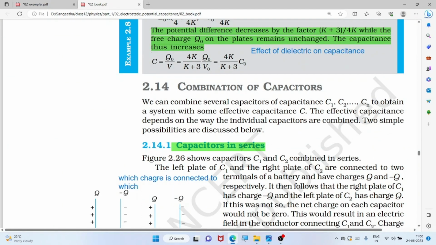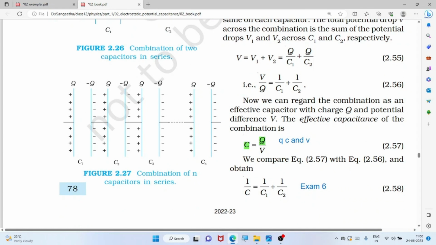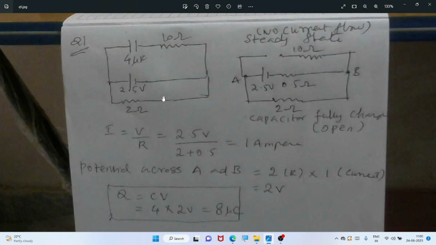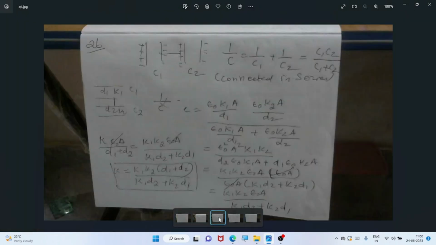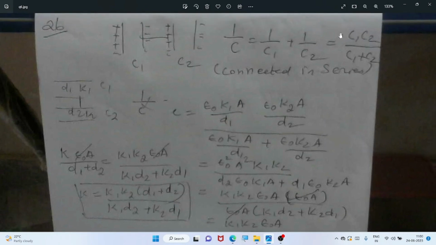When we connect capacitors in series, the final capacitance is given by 1 by C equal to 1 by C1 plus 1 by C2. This is the resultant capacitance, that is C equal to C1 C2 divided by C1 plus C2.